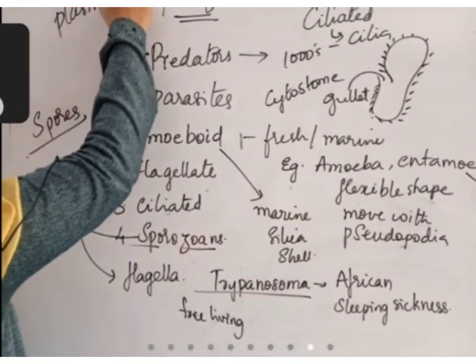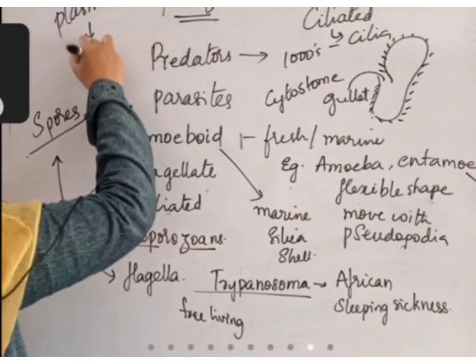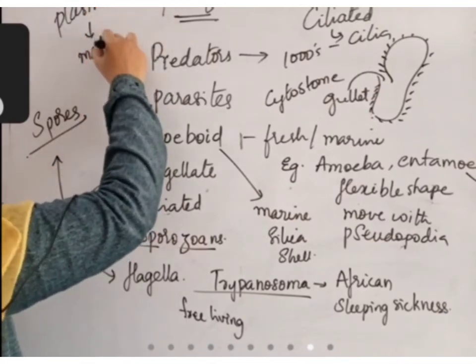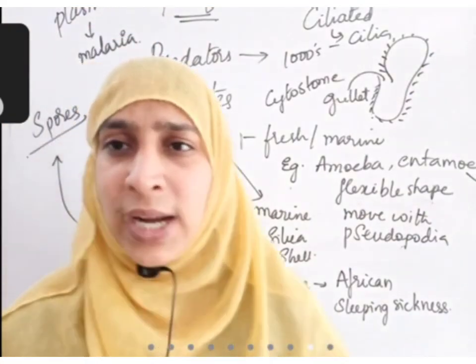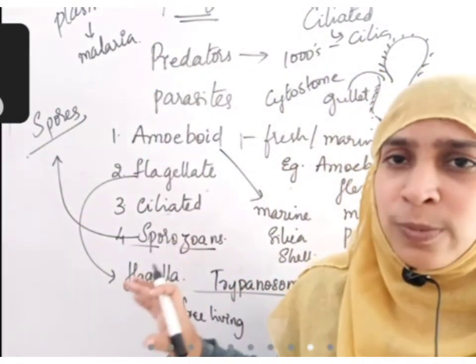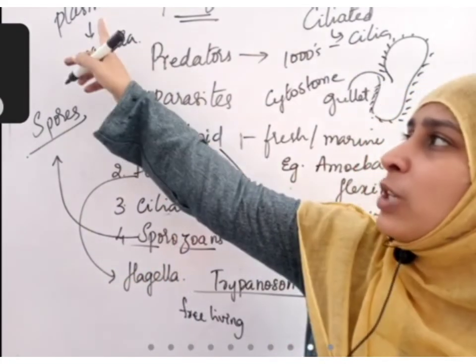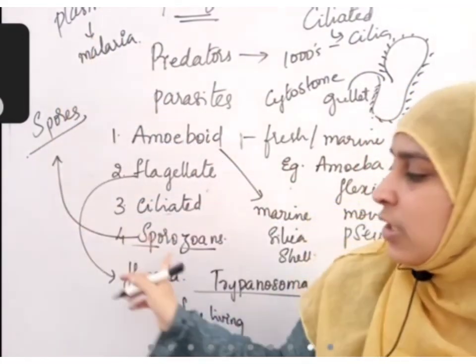Example, plasmodium that causes malarial parasite. This is the malarial parasite one. That plasmodium is different, this plasmodium is different. Don't confuse, both have the same name, but you should be alert, children. This plasmodium which is causing malaria comes under sporozoans of protozoa.